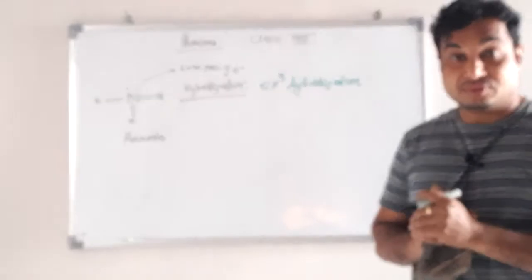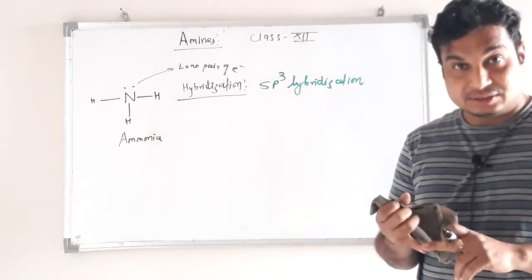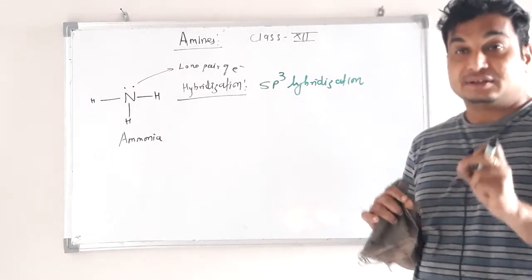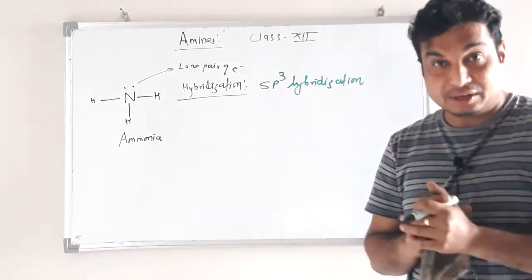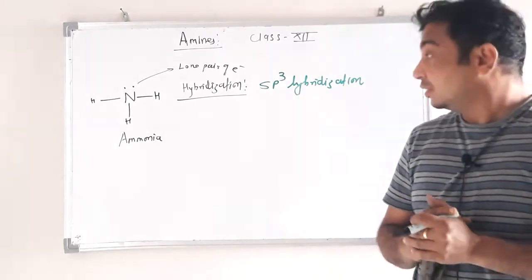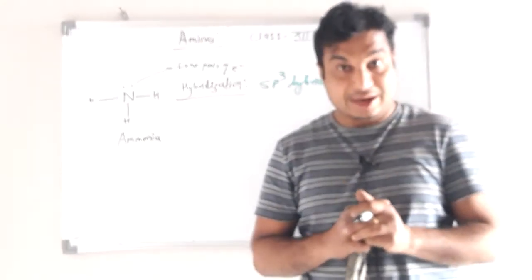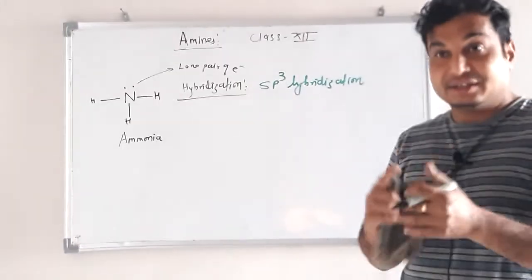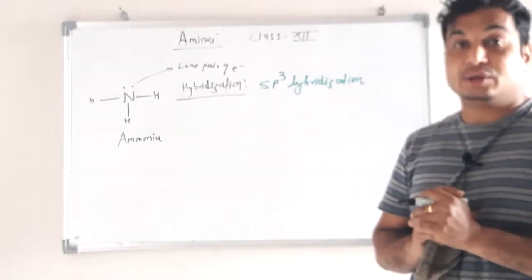There is mixing of one s type and 3 p type atomic orbitals to produce 4 equivalent atomic orbitals, called hybrid orbitals, and these resulting orbitals are equivalent in all respects.